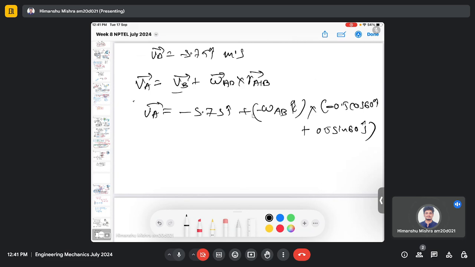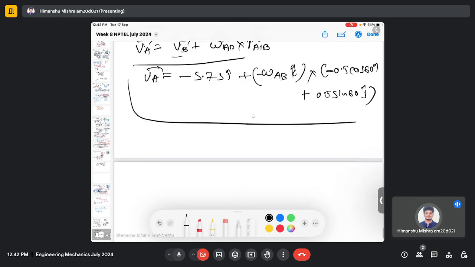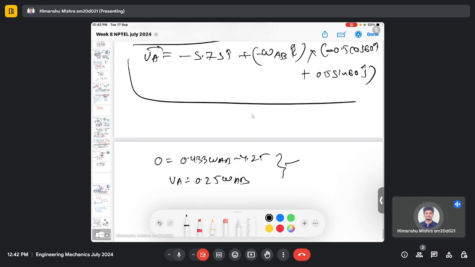So this vector you need to write down in the x and y component. So if you write down the x component, you will get this, and this is when you write down the y component. So from these two equations you can actually find VAB, which is 2.45 meter per second.